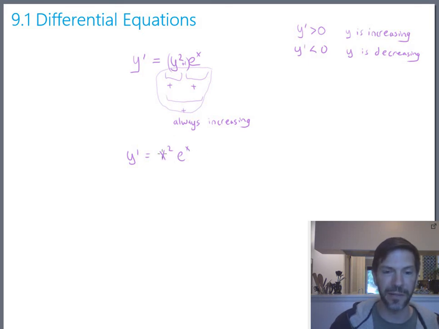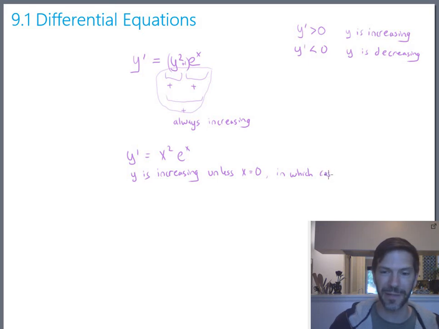This one, on the other hand, is always positive unless x is 0. So this one we could say something like, I could say y is increasing unless x equals 0. And y is not decreasing at that point.